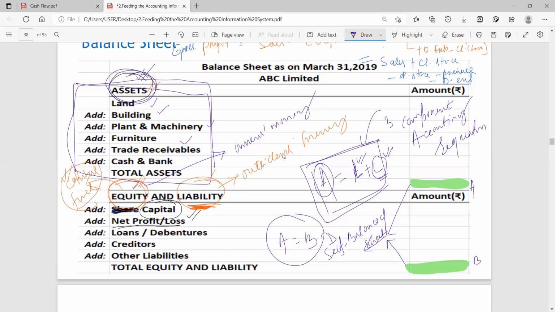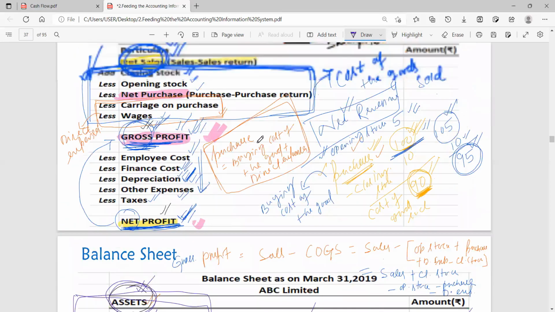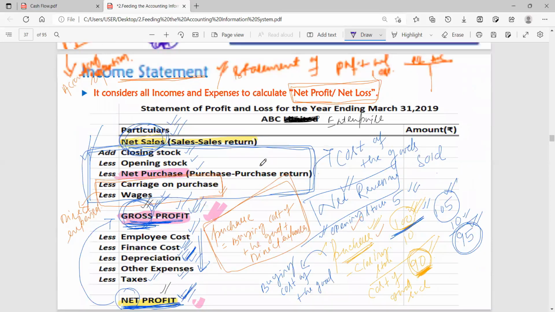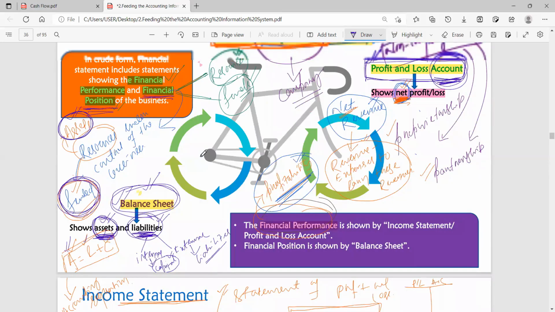So with this fundamental understanding of financial statements of a small non-corporate, non-company business, as a part of their financial statements they prepare, here we understood, the financial performance statement and the financial position statement. Financial performance we call the statement of profit and loss or income statement.